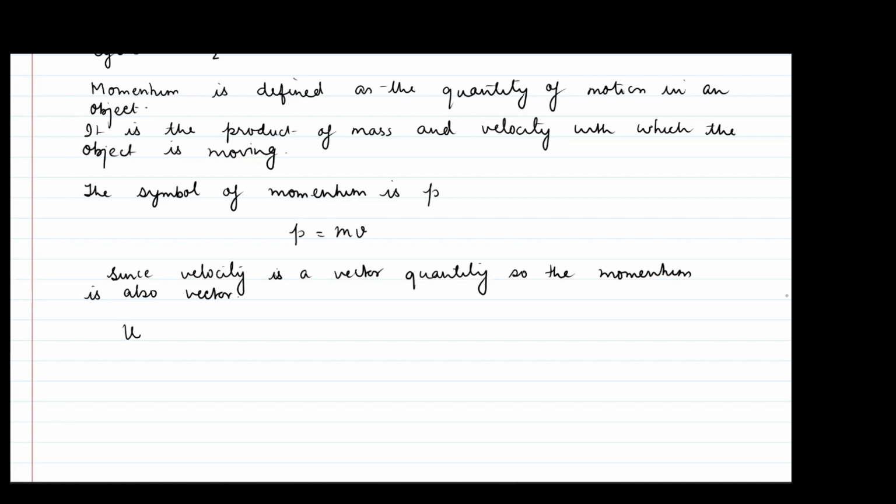Now coming to the unit, from the expression you should be able to get the unit. In this case, the unit of mass is kg and the unit of velocity is meter per second. So the unit of momentum will be kilogram meter per second. Now in physics, normally we use only SI units, standard units.